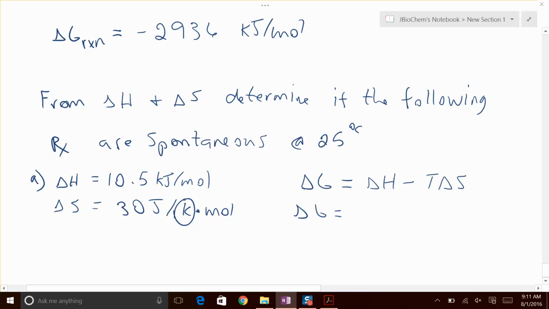It's Kelvin temperatures, right? Kilojoules per mole. It would be spontaneous at all temperatures.